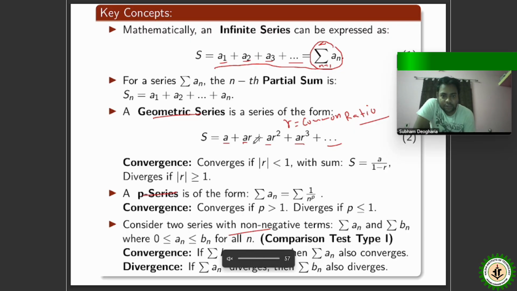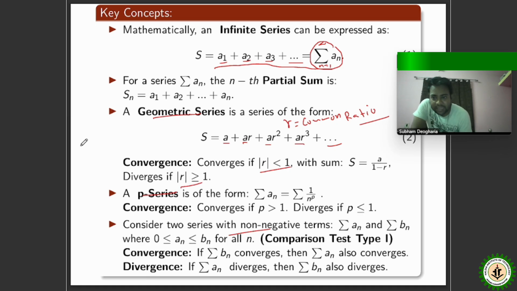This kind of series is convergent if mod of r is less than 1, and divergent if mod of r is greater than or equal to 1.